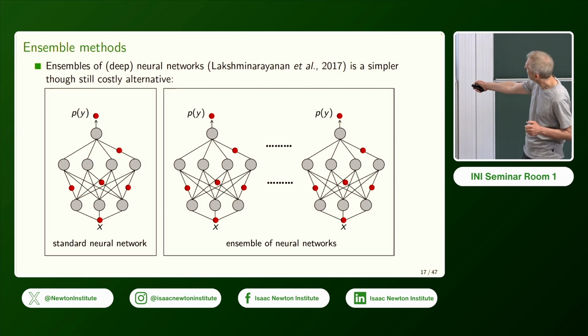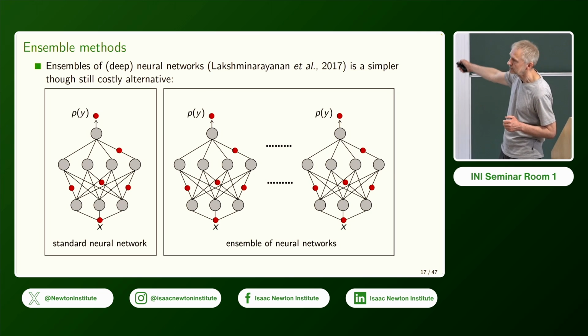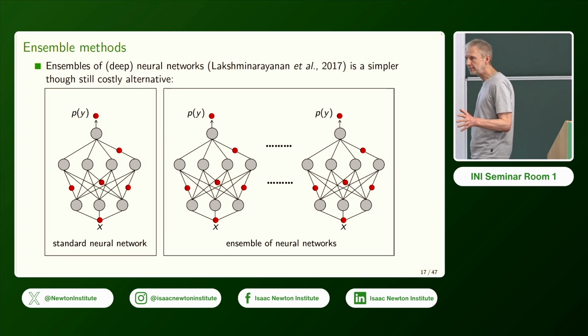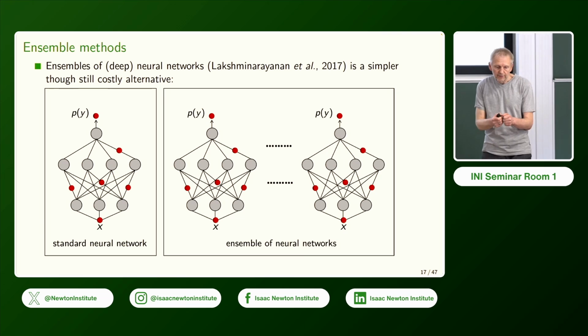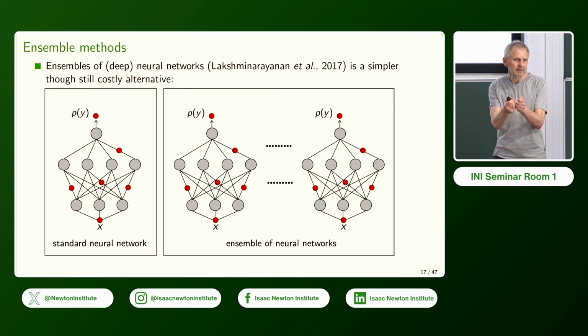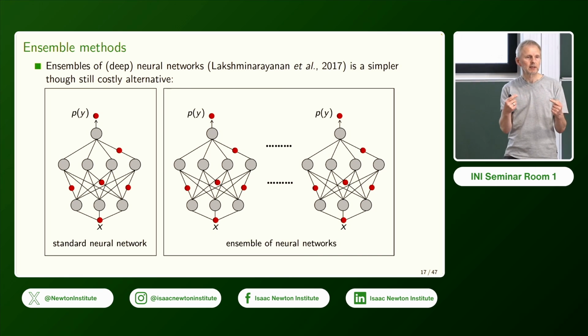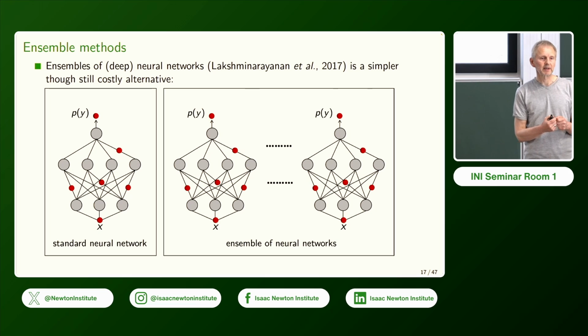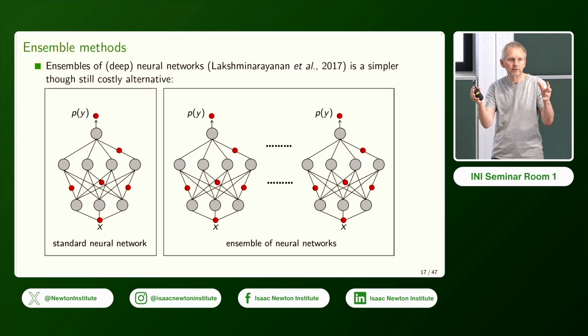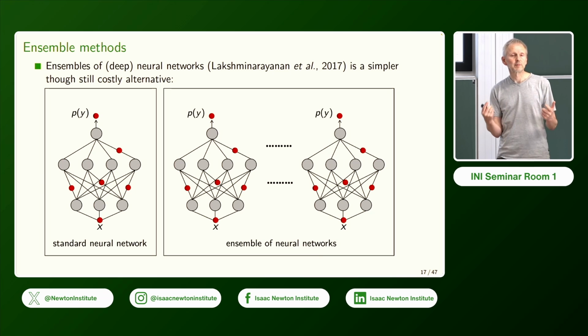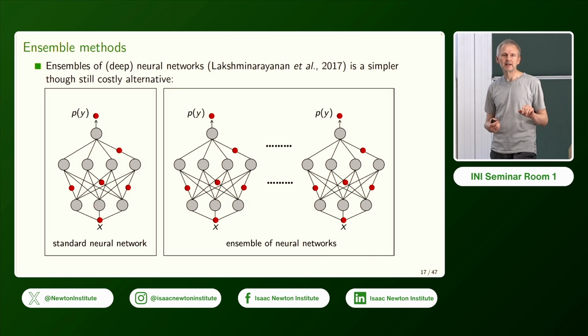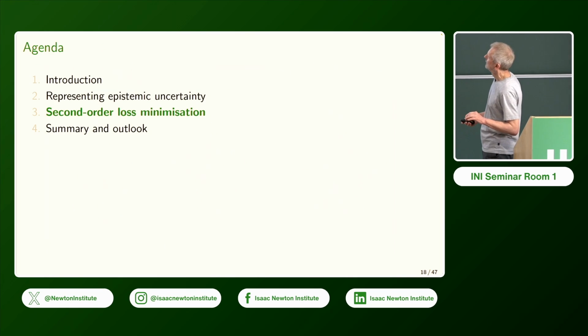The idea is that you collect the predictions of the different ensemble members, and if they all agree, basically, then this is indicating a low level of epistemic uncertainty. If they disagree very much, this is somehow suggesting a higher degree of epistemic uncertainty. This is the idea, roughly. Okay, good.